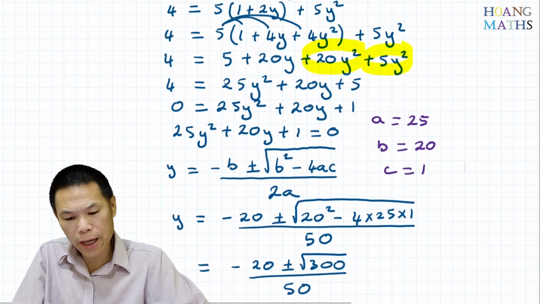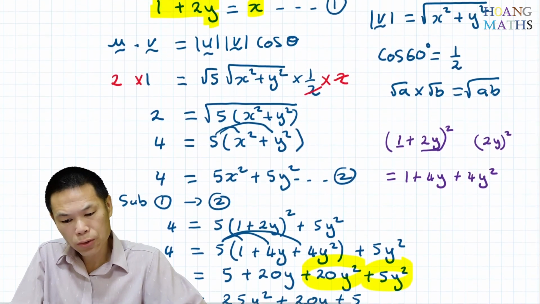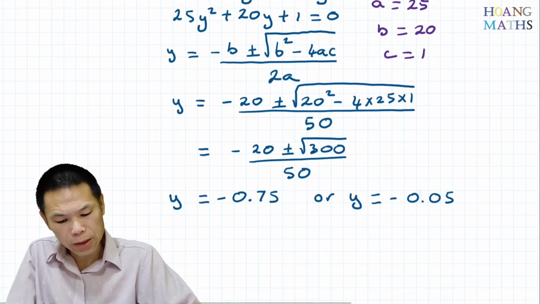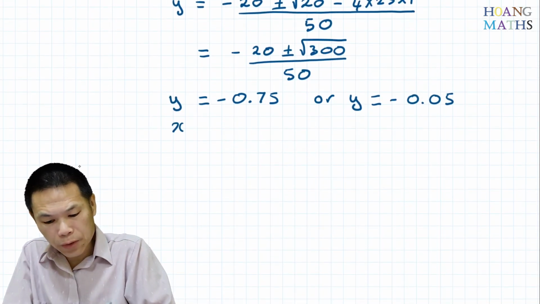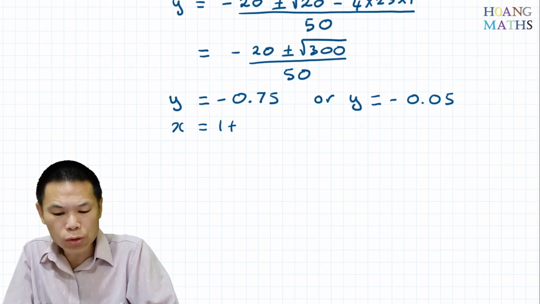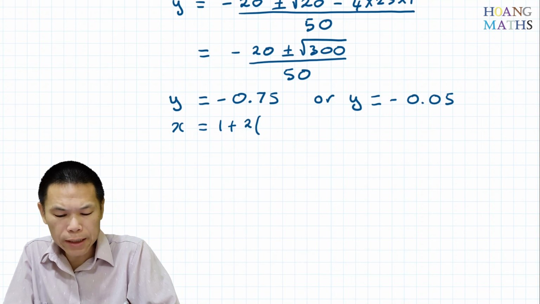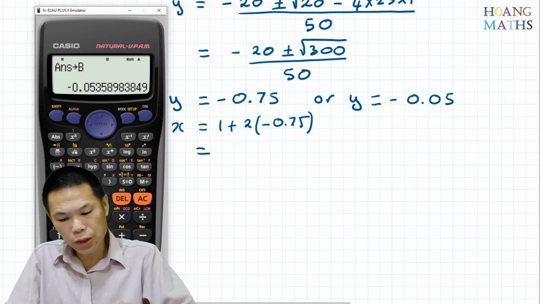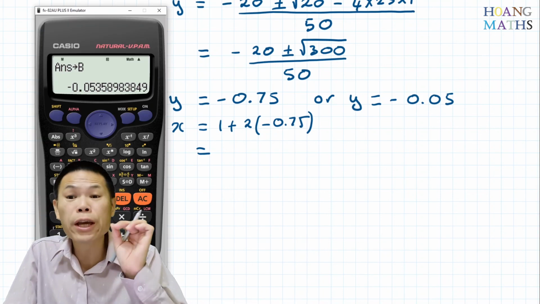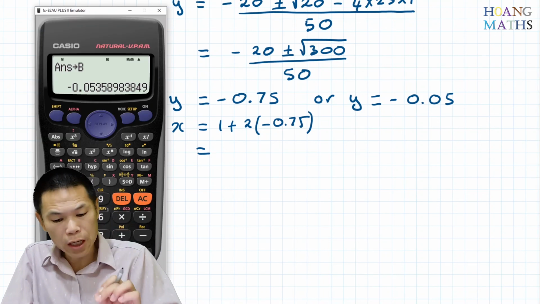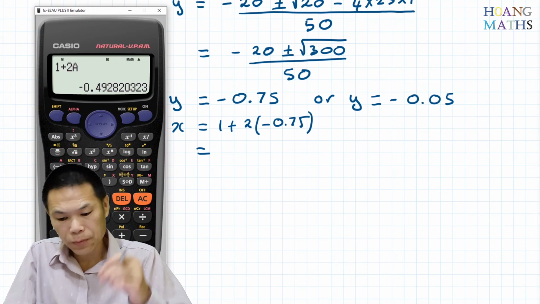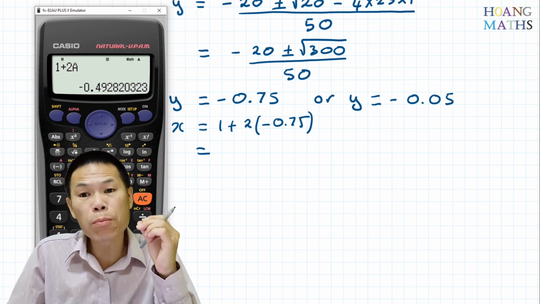So we know that x is equal to 1 plus 2y. Okay. So x is equal to 1 plus 2 lots of y. But y is negative 0.75. So that will give me, so just put that on a calculator. So it's negative 0.75 is on memory A. So just go 1 plus 2 lots of A. So negative 0.49.